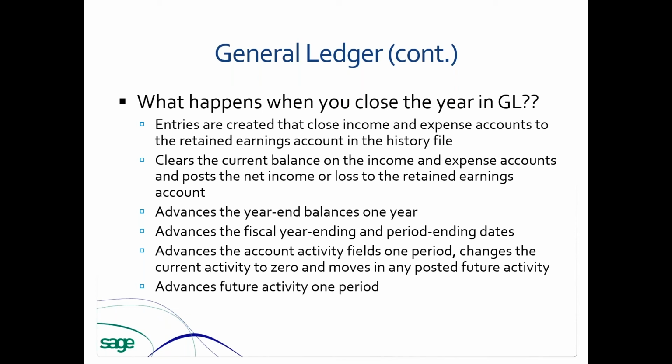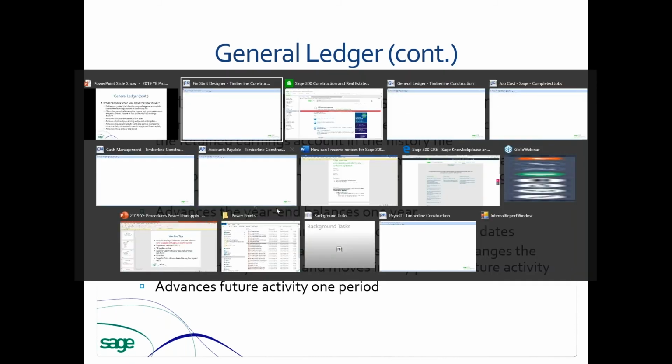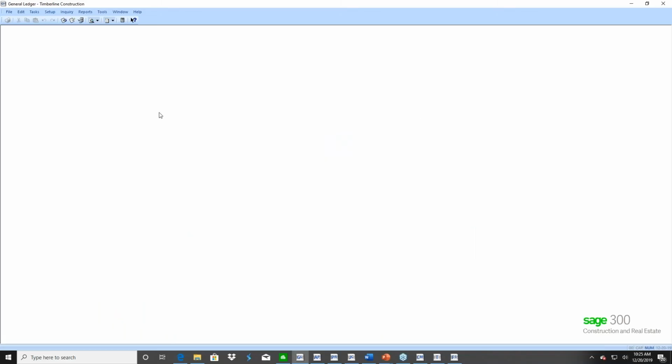It moves the activity fields again by 1 period, and then it pulls in a new future field, and it adds that future field to your current balance. So let's jump back in here into General Ledger, and let me show you what I'm talking about here.